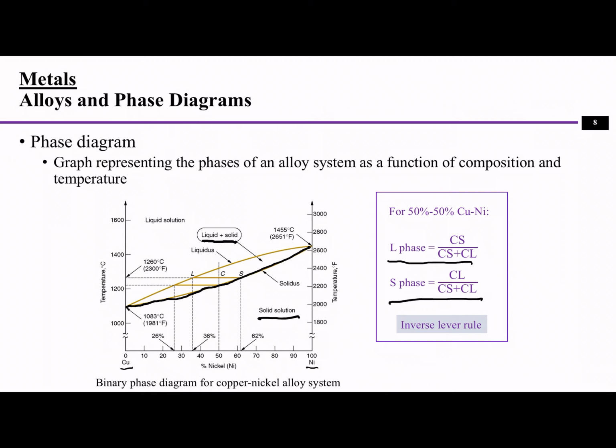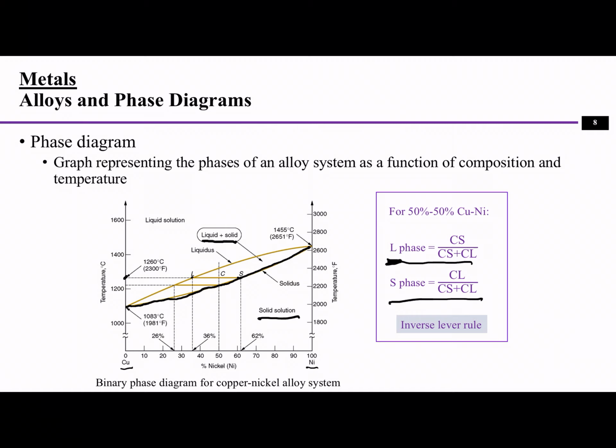If you want to calculate, for example, we are at the point C, which means we're at 50% of nickel and 50% of copper. When it is at this temperature, which is 1,260 degrees Celsius, you can draw a line here with L and S. If you want to calculate the liquid phase, we're going to use CS, which is this part, from C to S, divided by CS plus CL.